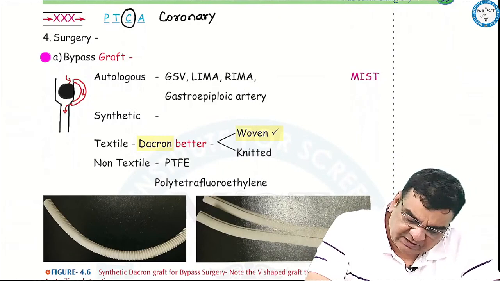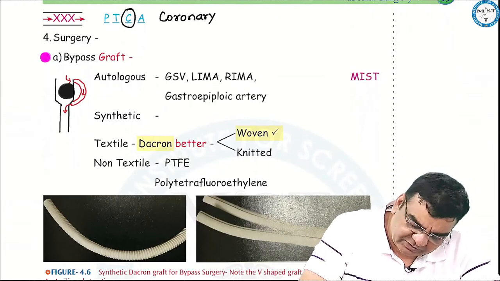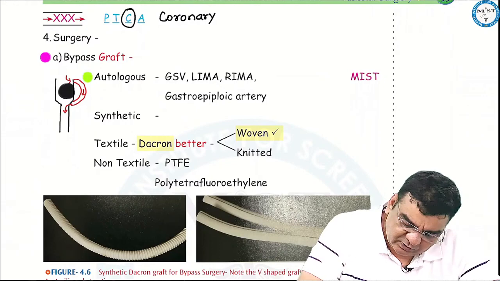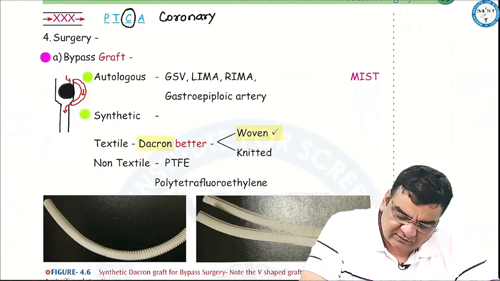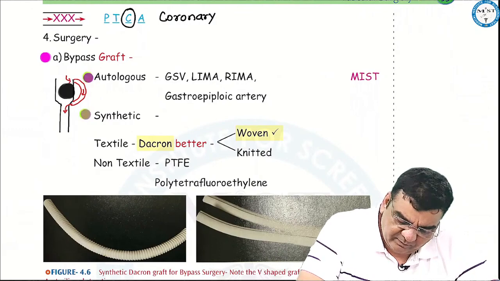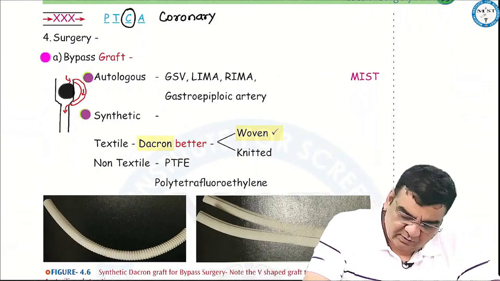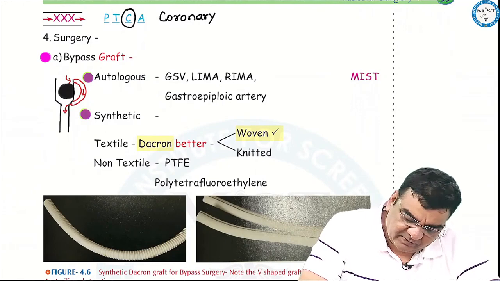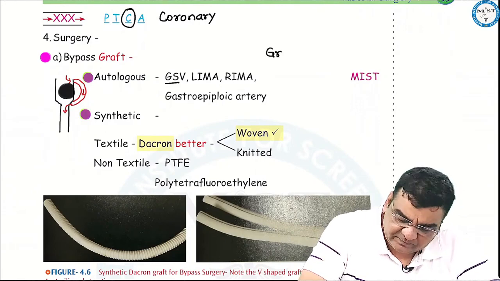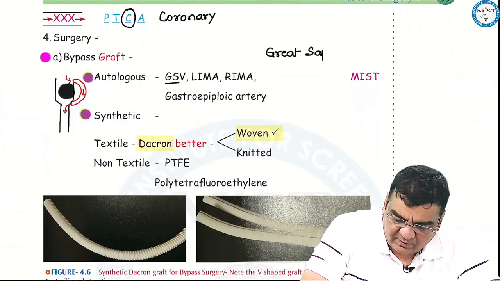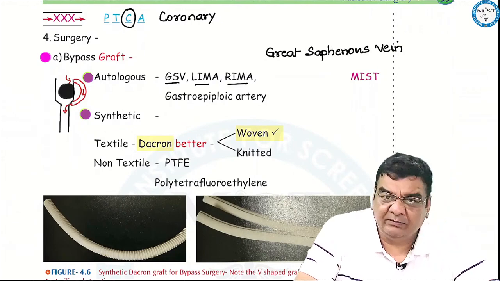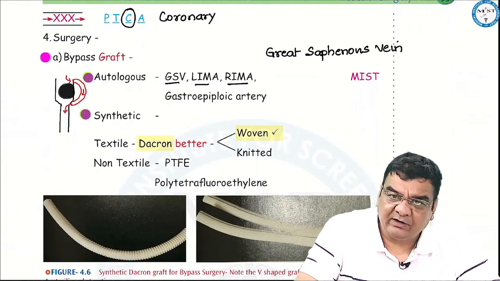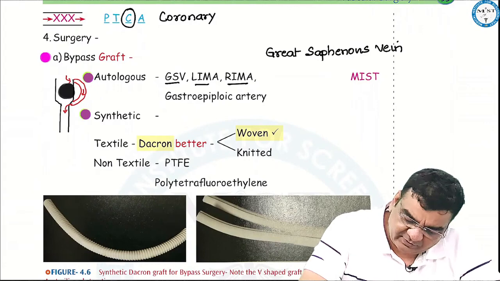In this bypass graft, beta, we have got the option of choosing an autologous graft or a synthetic graft. Autologous grafts definitely would be better. These autologous grafts can be great saphenous vein. This can be LIMA, RIMA, left internal mammary artery, right internal mammary artery.